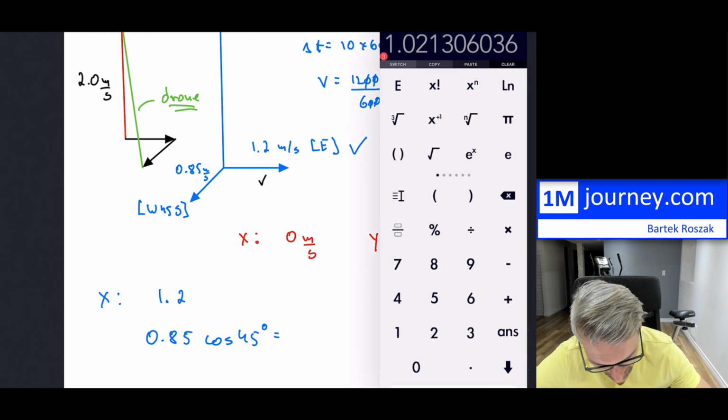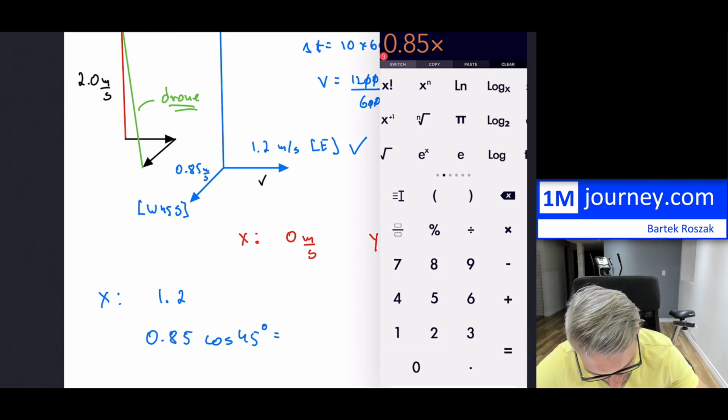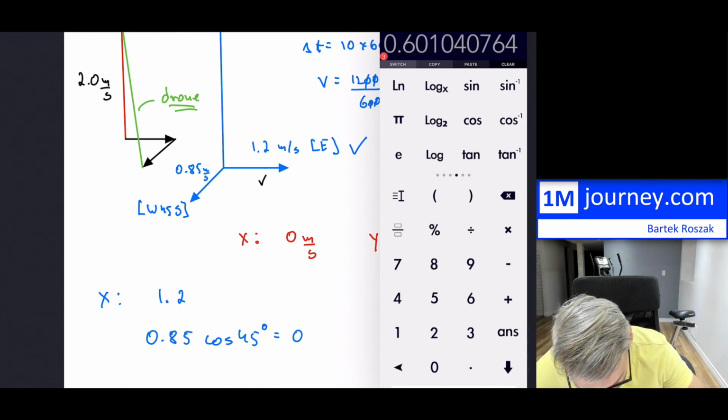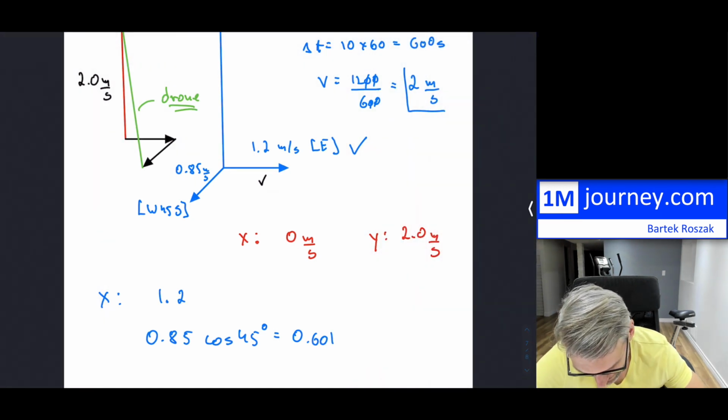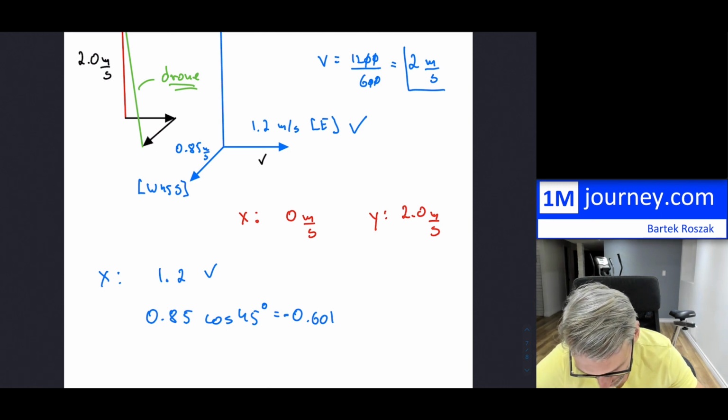So I can find what that is, 0.85 multiplied by cos 45. This is 0.601. Now this one is negative, so that's pushing it out.